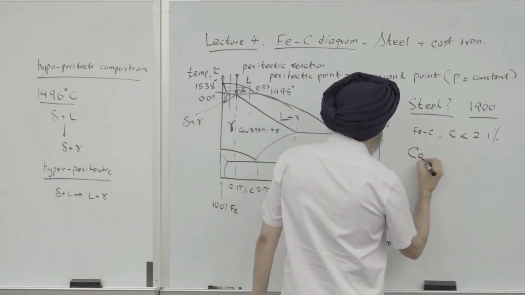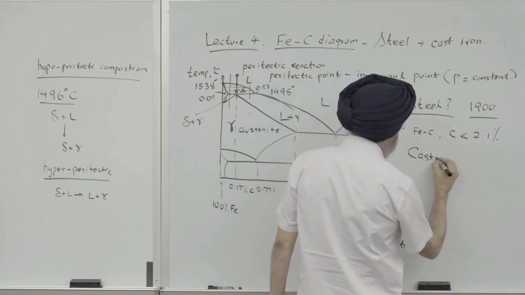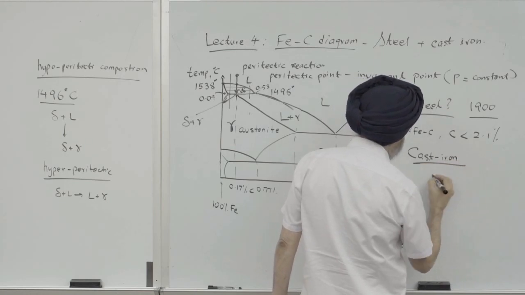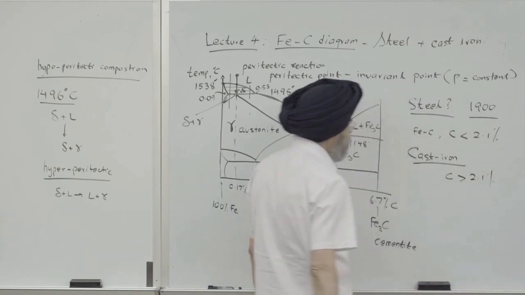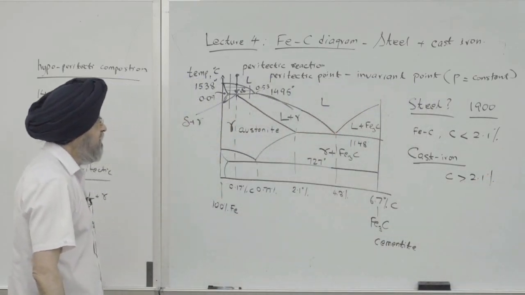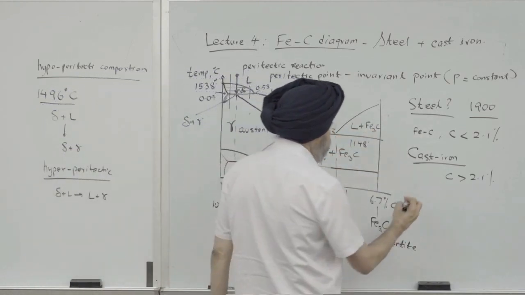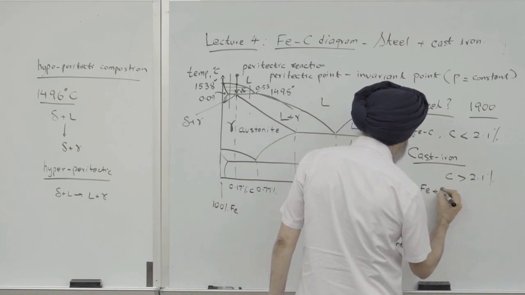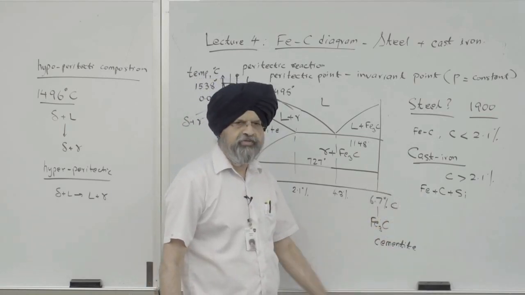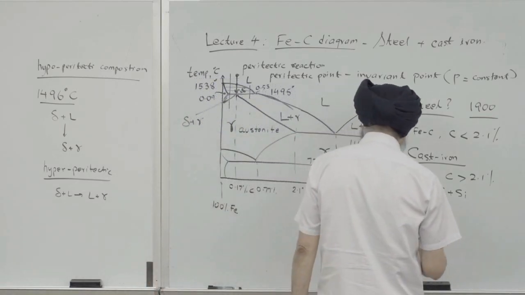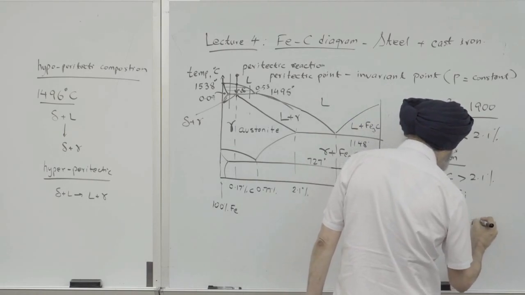So what is cast iron? Cast iron is, you guess the answer, when the carbon is more than 2.1%. That's cast iron. Now steel can be just iron and carbon, but cast iron cannot be just iron plus carbon. It also needs silicon, because silicon stabilizes graphite.